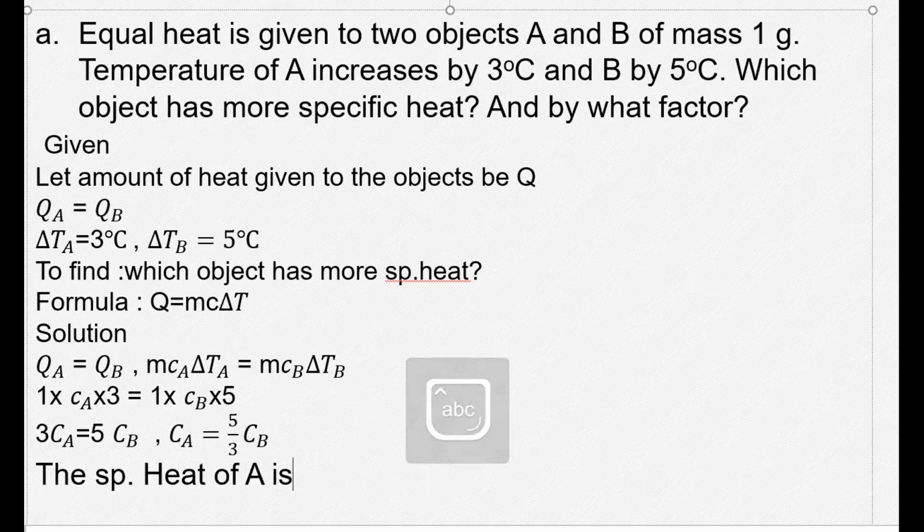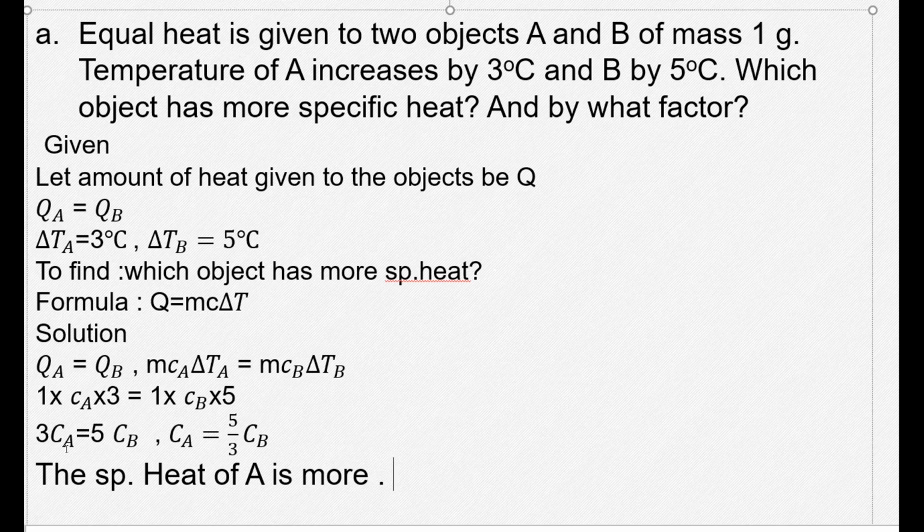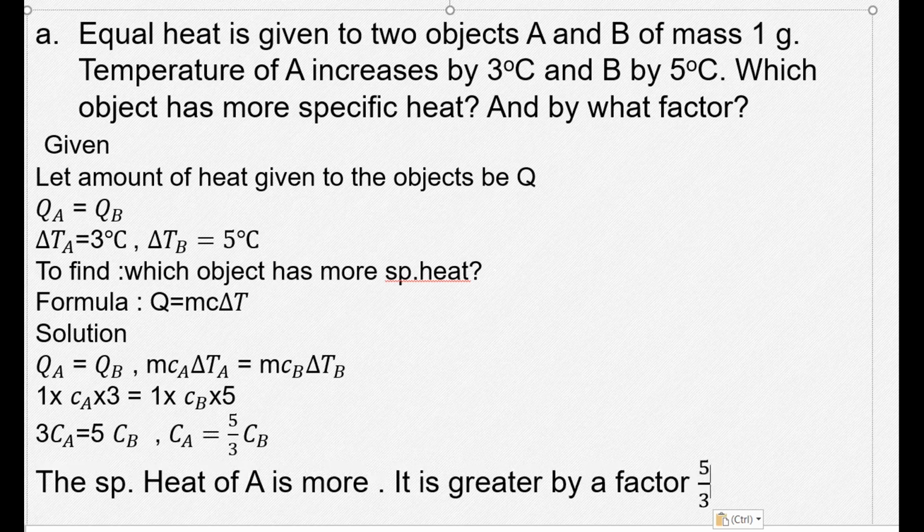It is greater by a factor of 5 upon 3. I hope you all understood this numerical. If you want, take the screenshot.